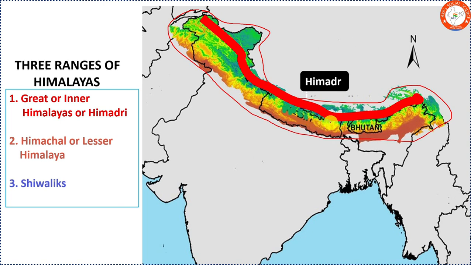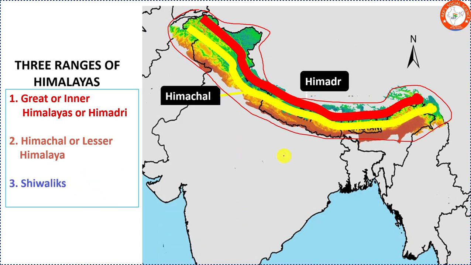The second, which lies south of Himadri, is Himachal or Lesser Himalayas. The third, which lies south of Himachal, is the Shivalik range or outer Himalayas. So these are the three parallel ranges of the Himalayas: Himadri, Himachal and Shivalik.